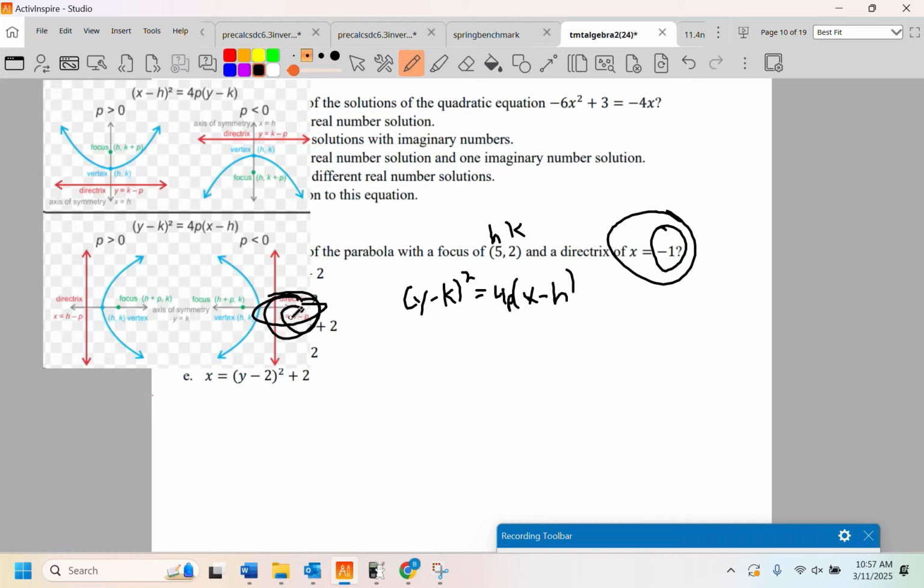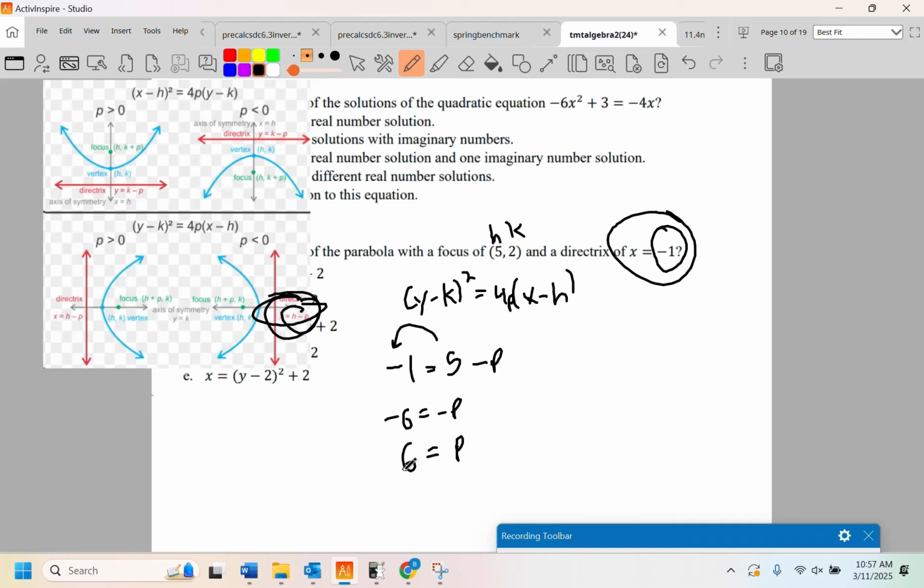Negative 1 must equal 5 minus p. Subtract 5: negative 6 must equal negative p. P is 6. That's my p-value.